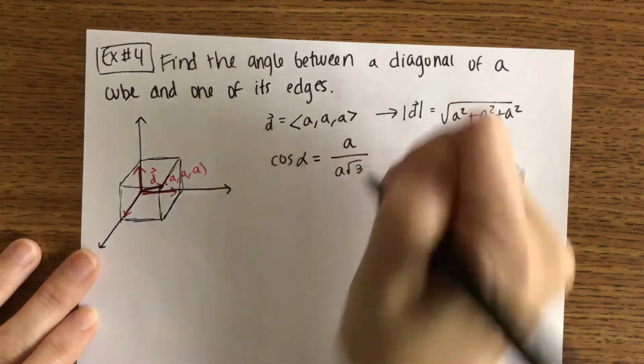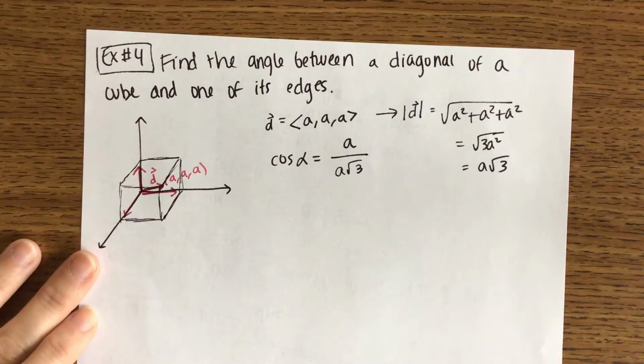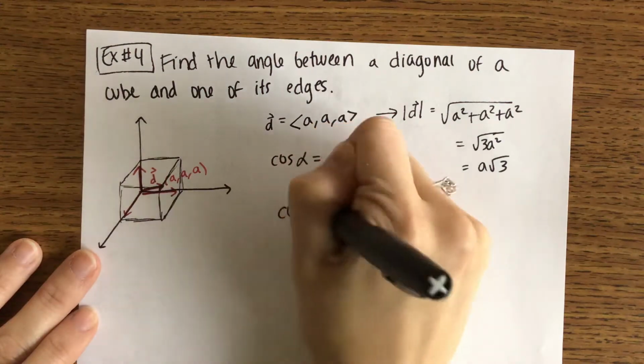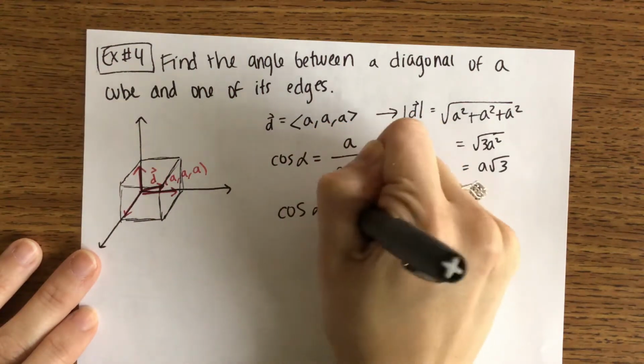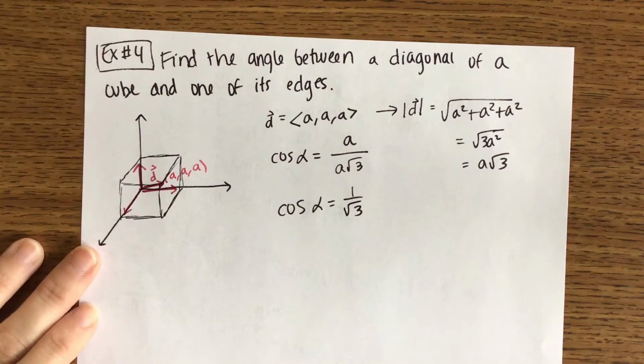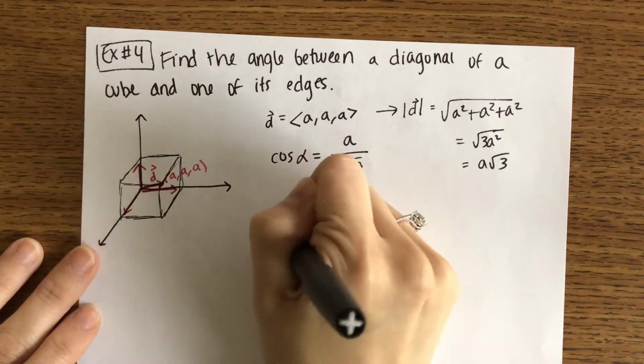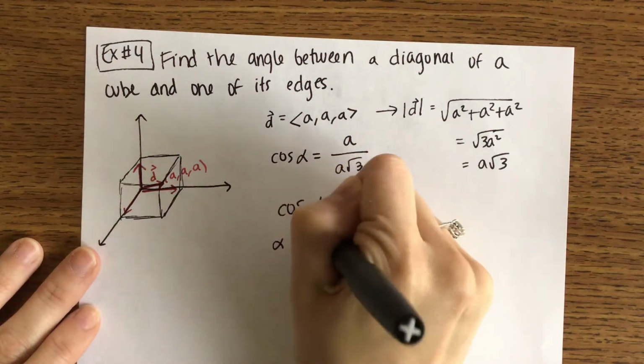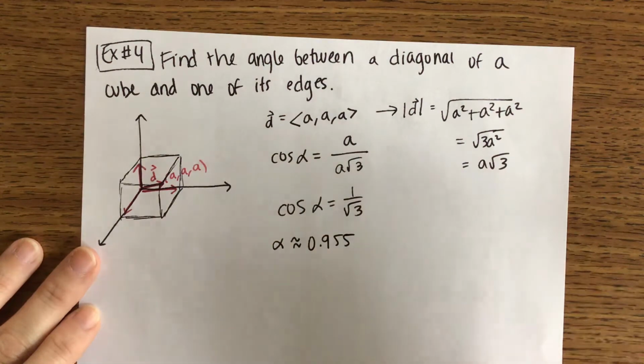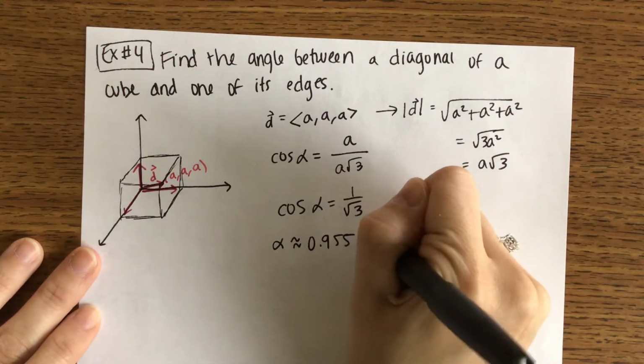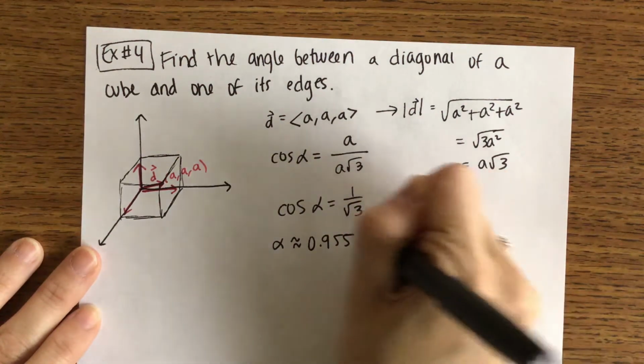That's what will go here. So we get our cosine of alpha then to be 1 over root 3. Our alpha then, if you trust me, is 0.955 radians, or 54.7 degrees.